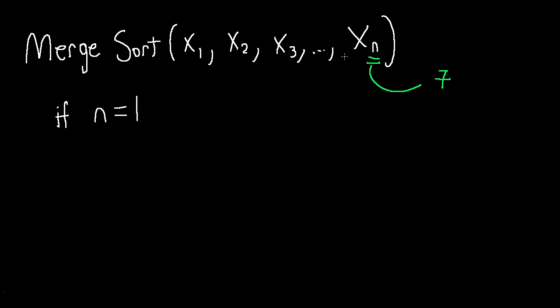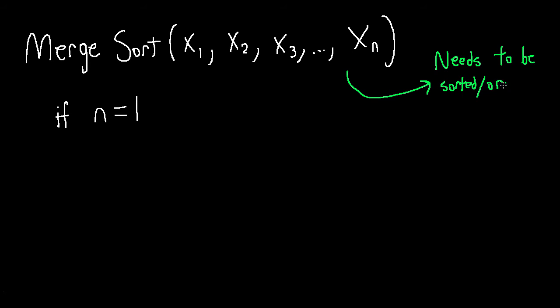Those are the ones that need to be sorted. So I'll put that little note here, just in case we're still a bit unclear on what's going on. This needs to be ordered. Sorted/ordered. I like the word ordered a bit more because it's a bit more clear what it's asking. Sort is a bit vague if you don't know the context.